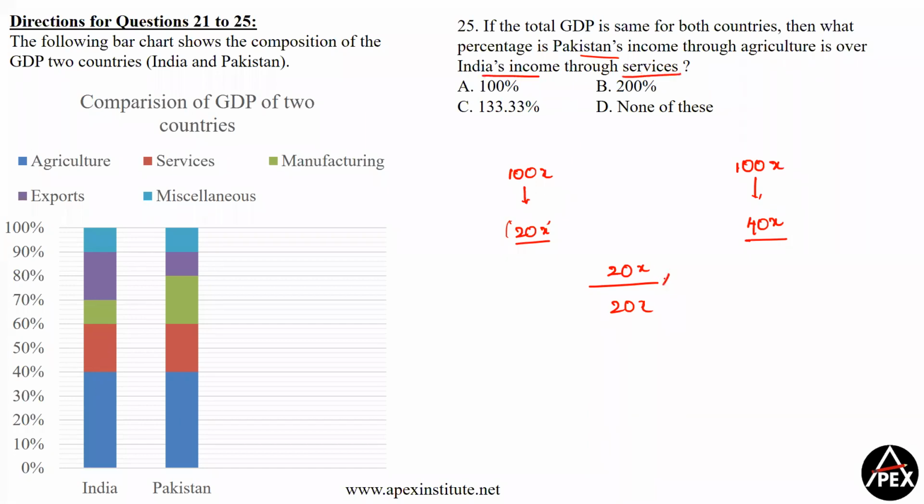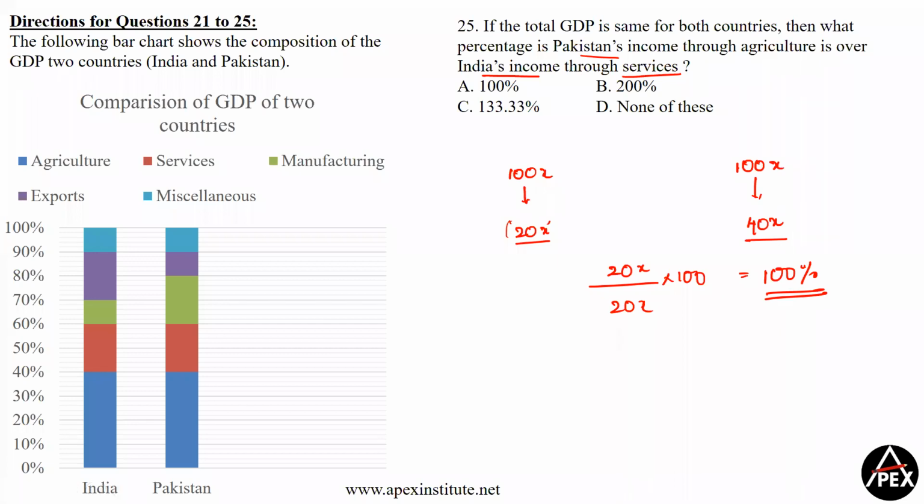So 20x by 20x into 100. The answer for this question should be 100%. Clear? So 24 and 25 are two tricky questions. The answer should be C, B, C, D, I guess.